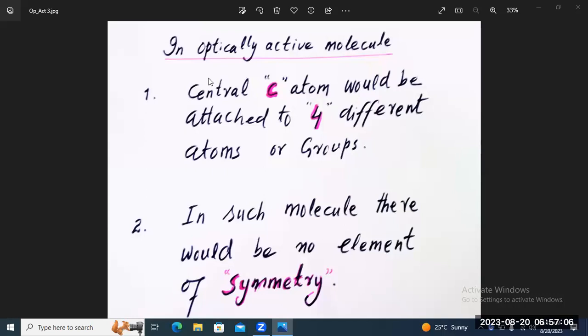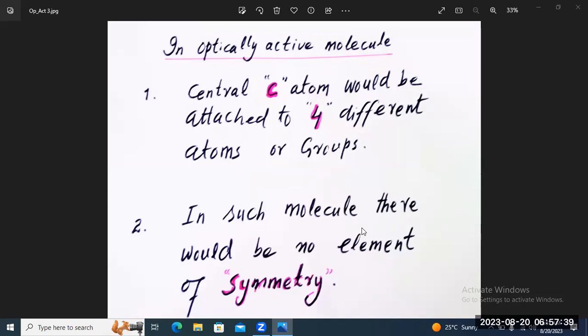The basic condition for an optically active molecule or compound is the presence of a central carbon atom in the molecule, and this central carbon atom would be attached to 4 different atoms or groups. The second condition, which is very important: in such molecules, there would be no element of symmetry.